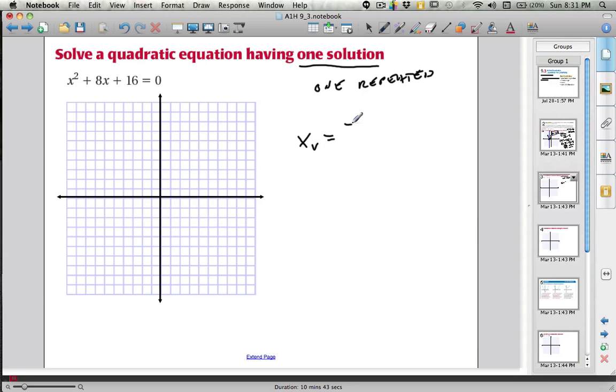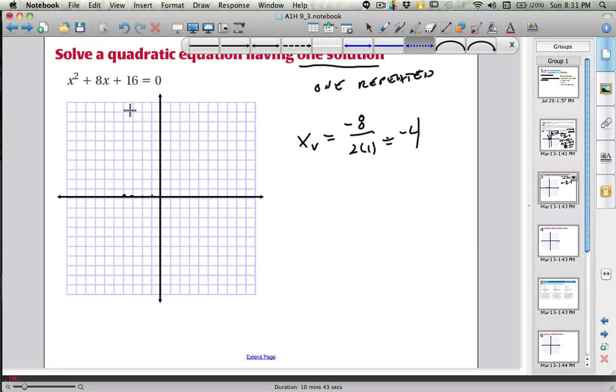It's the opposite of b, so that's the opposite of 8, over 2 times a, which is 1. Negative 8 divided by 2 is negative 4. So I know that the x-coordinate of my vertex is at negative 4, so that's 1, 2, 3, 4. That's where my axis of symmetry lies.